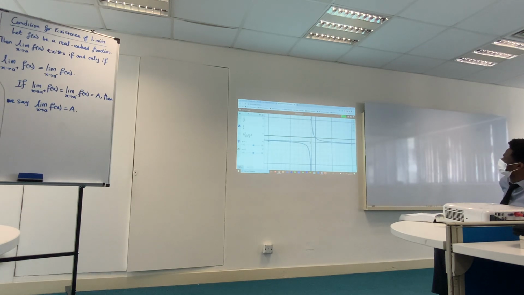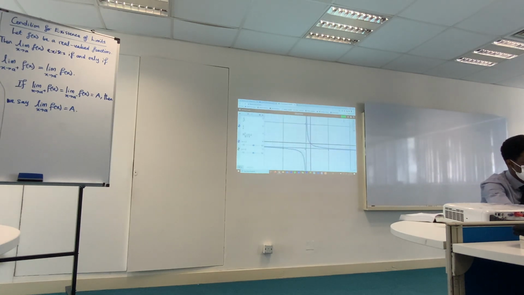Wait, what are you trying to find? I'm trying to trace how it's getting close to that value 1, which is y is equal to 1. It's only the top part. Yeah, it's only the top right part, because this one is coming from this direction.